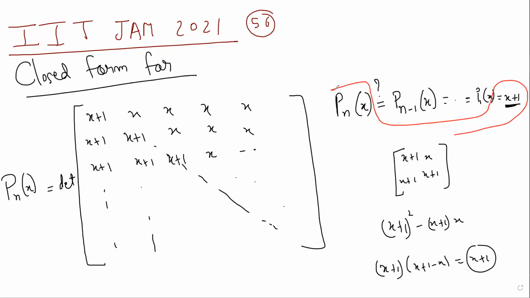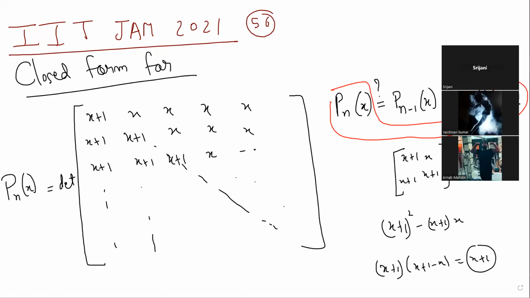So the answer to the previous one was just 2021, and all these things have determinant 2020 x plus 1. Okay. Any questions? Is it fine to everyone?